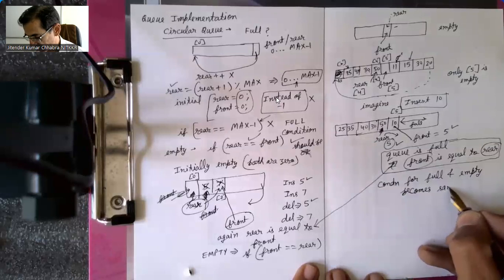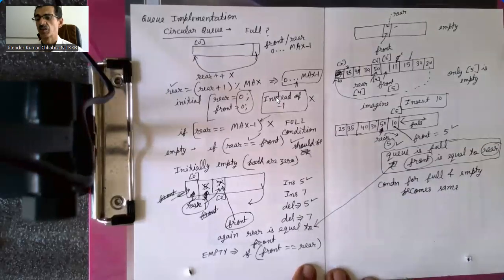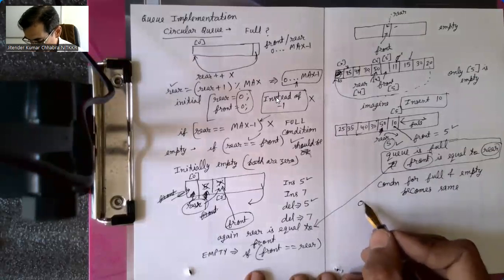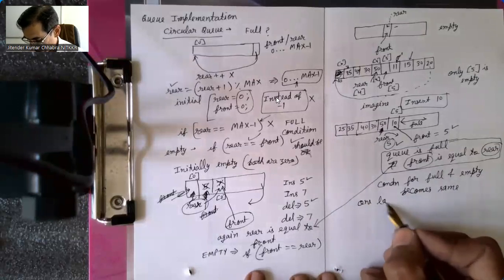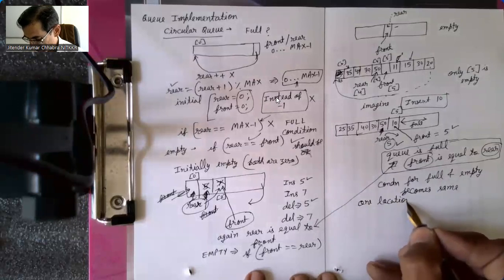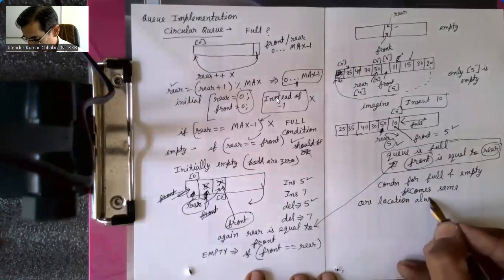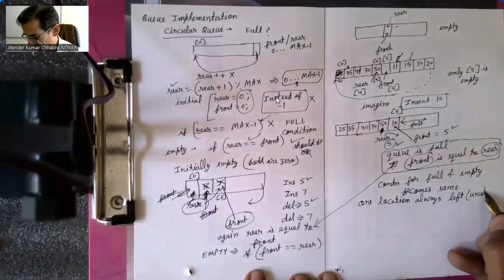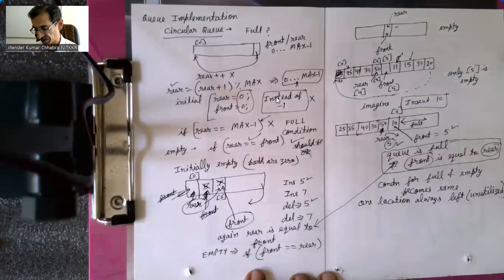Hence, we have to think of a solution. So what is the solution done? The solution is that the queue is always filled with one location always left. Left means unutilized. I will not fill the queue to the full capacity.